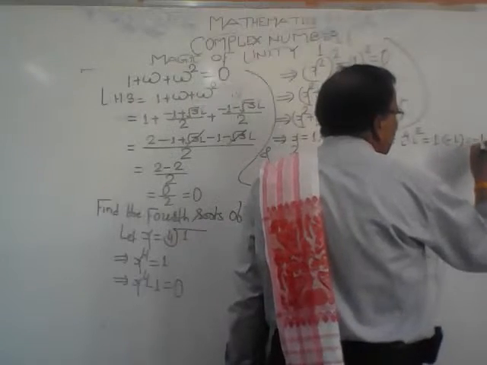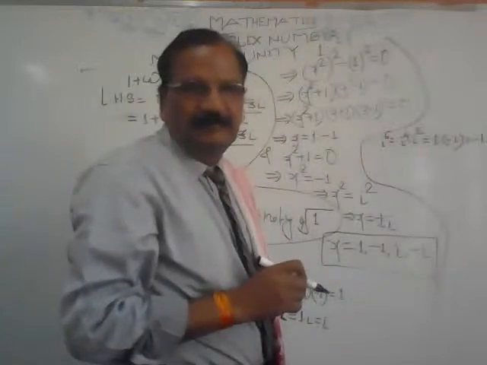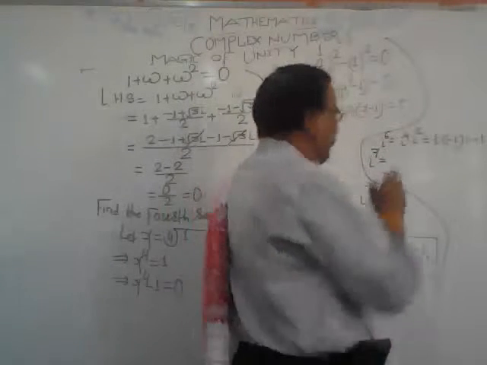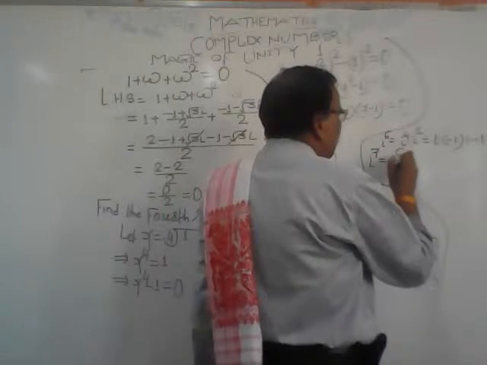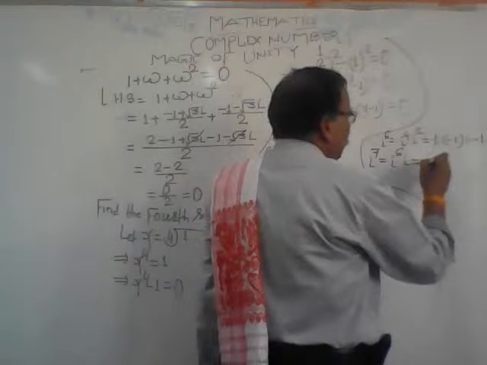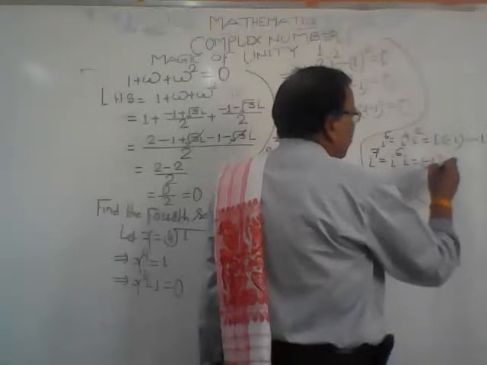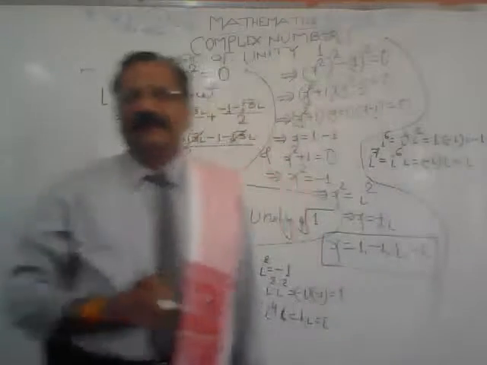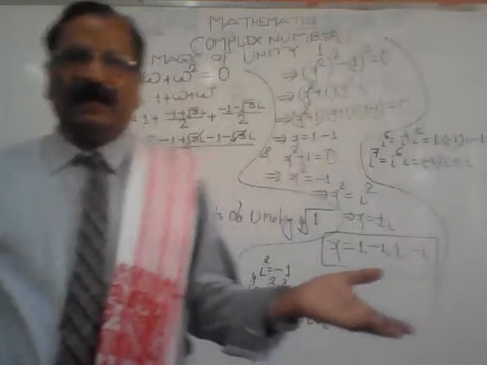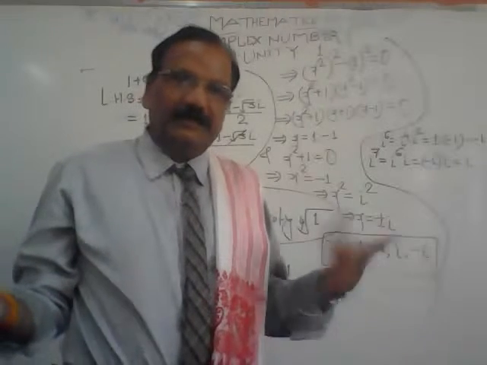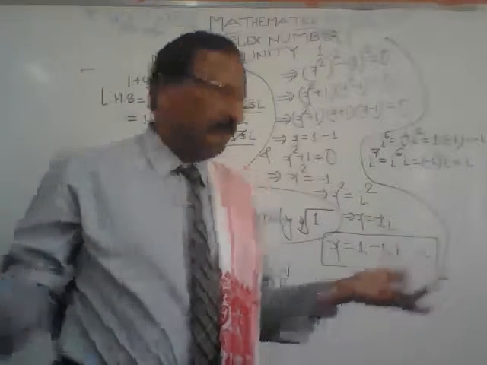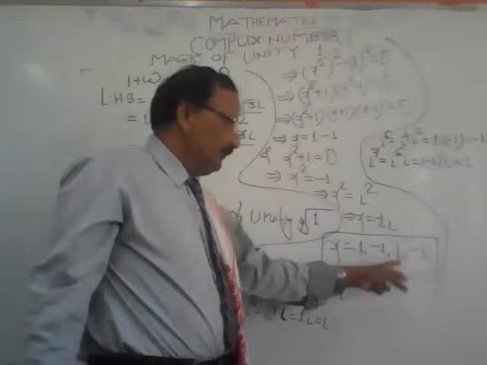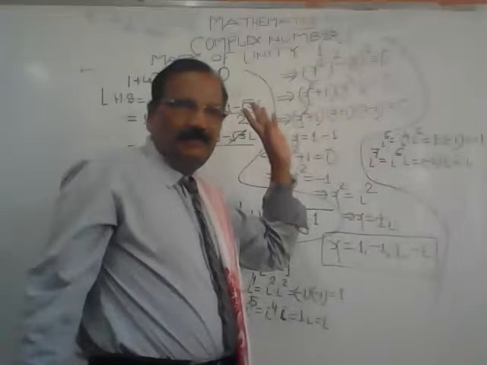This is equal to minus 1. i to the power 7 is equal to i to the power 6 into i, which is minus 1 into i, which is equal to minus i. It means any power of iota i will give only and only four things: either 1, or minus 1, or i, or minus i.